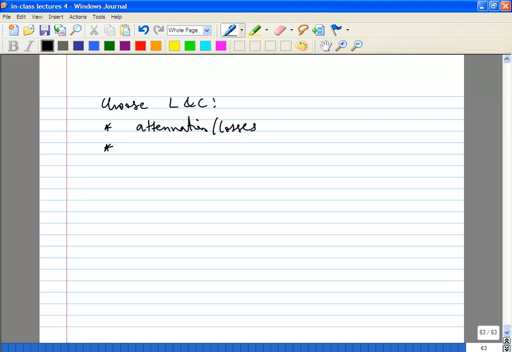The other thing to remember: an ideal transmission line with per unit quantities L and C has a delay which depends on LC, but has no bandwidth limitation. A real transmission line will have a bandwidth limitation, as we just saw.